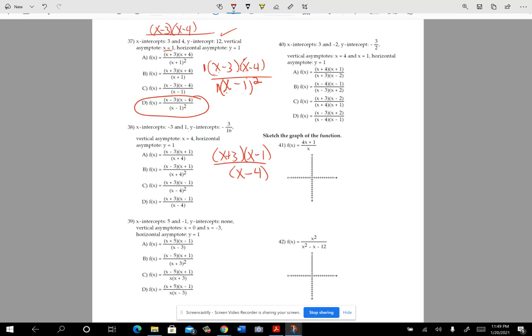You need the horizontal asymptote to be 1. So again, this would have to be squared. And then let's see if the y-intercept works out. Putting 0 in for x would make it a -3 on top and a 16 on the bottom. So that would check. And that is +3 and -1. This guy right here. Number 38 should be C.